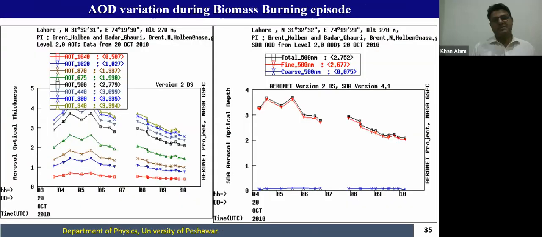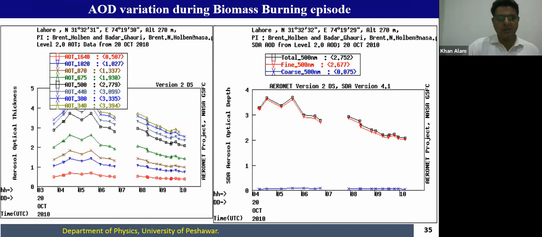This is the aerosol optical depth variation during the biomass burning episode. If you look, the aerosol optical depth values reach above 4, which shows that the aerosol column concentration is very high. In the second figure, we see that there are some fine particles and some coarse particles.